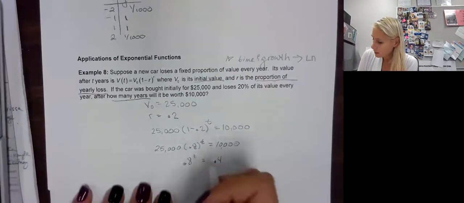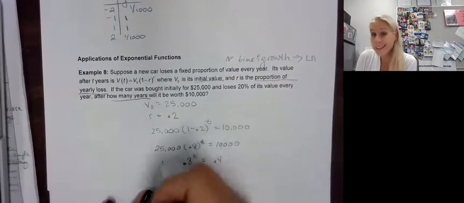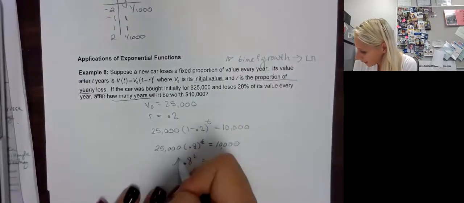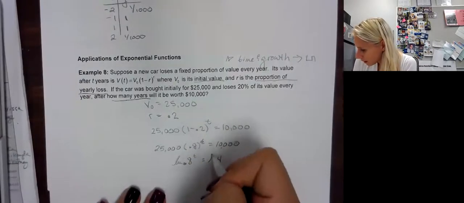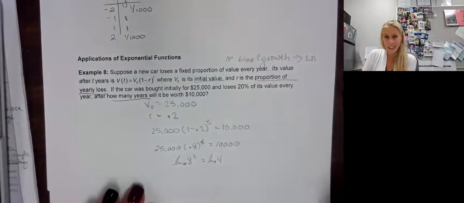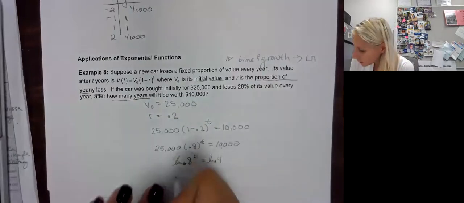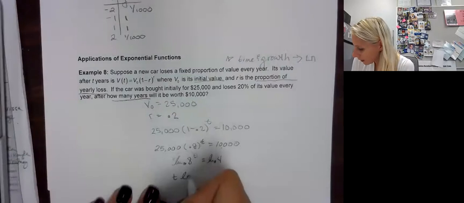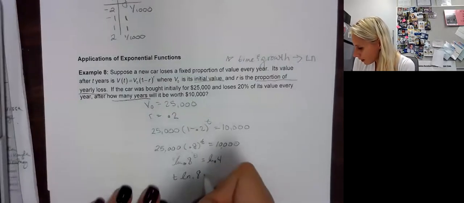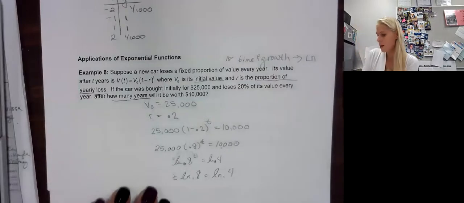So to get t, because that's the idea, is to get t by itself. We need to get it out of the exponent, so we're going to ln both sides. Well, what does that do? That doesn't get rid of the 0.8, but what we can do now is bring the exponent in front. So we have t ln of 0.8 equals ln of 0.4.